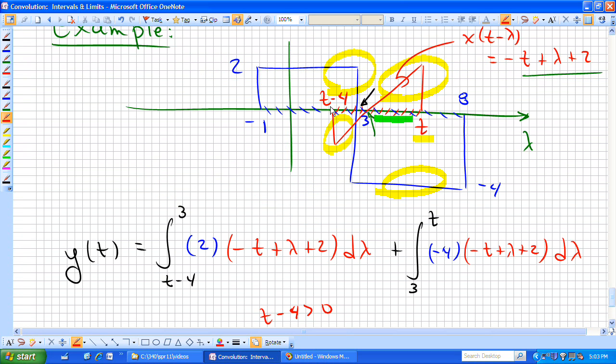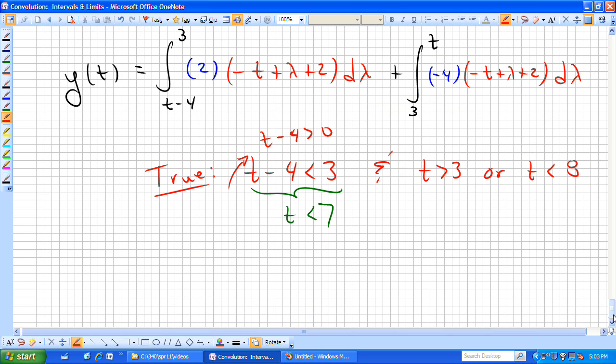Again, you need to look at all of these possibilities. t minus 4 has now moved through or beyond lambda equals 0. So we could have t greater than 4, we could have t minus 4 less than 3, we could have t greater than 3, or we could have t less than 8.